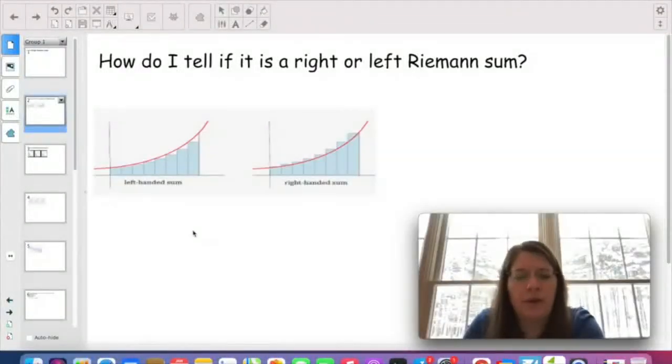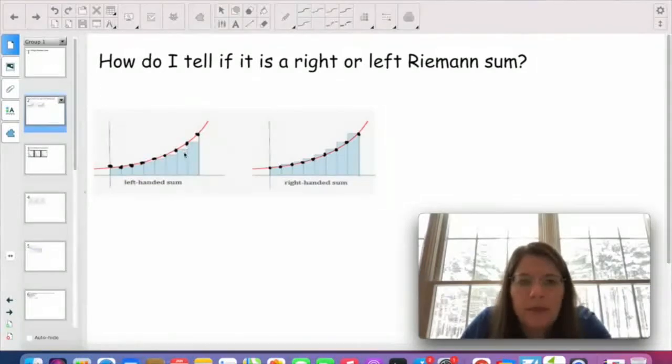Here's a picture of a left Riemann sum and a right Riemann sum. You see in red we've got a function. We'll just call it f of x. And then for the left Riemann sum, they'll tell us how many intervals they want, and usually the intervals, if they give us the function, are going to be equal distance from each other. So here we've got 8 subintervals going from the left to the right.